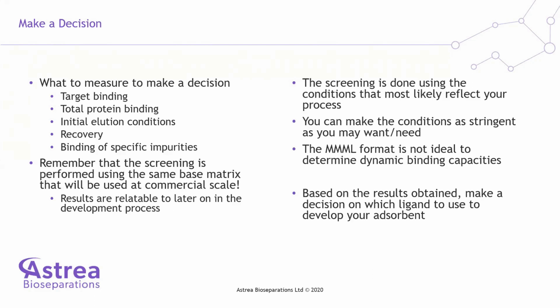You can do initial elution conditions where, if you know what you want to use and you want to make it more strict, you can very well do step elutions and check which ones not only bound but eluted your target protein under conditions that you would prefer.